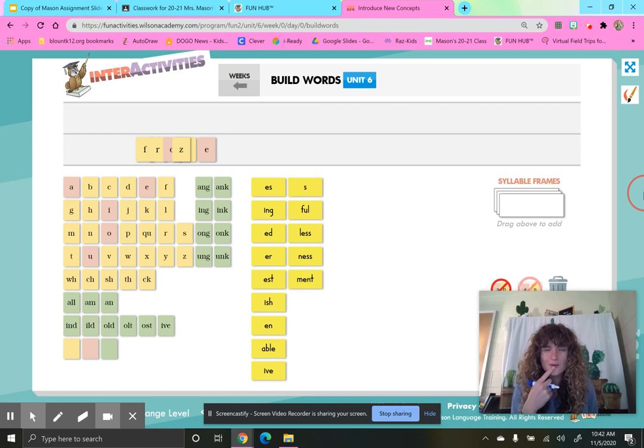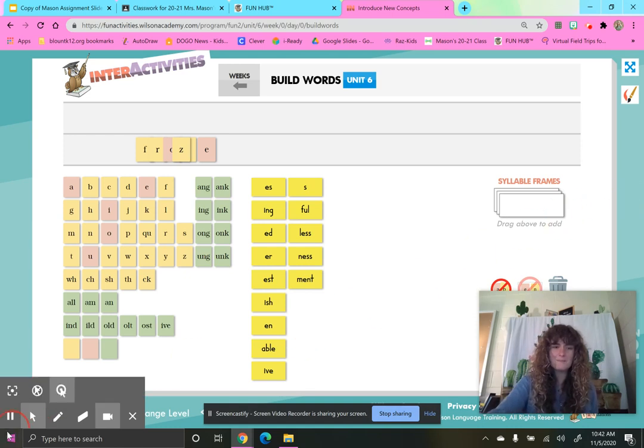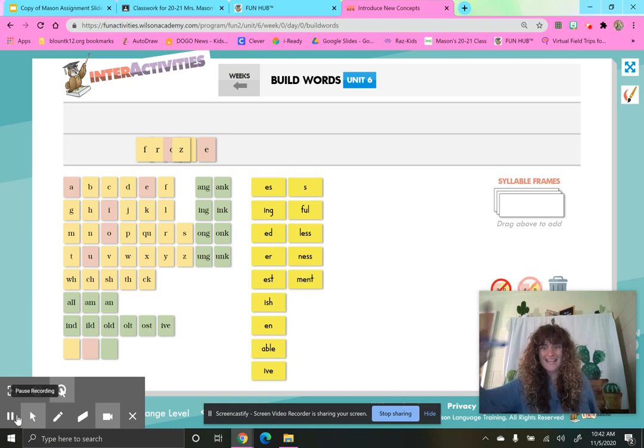Can you think of a word that has that Z sound? Miss Mason's thinking. All right, Smarties, I got my words. Sometimes teachers need time to think too. That is okay.